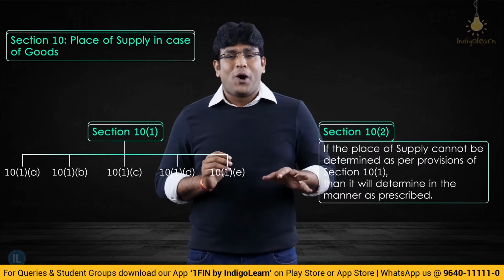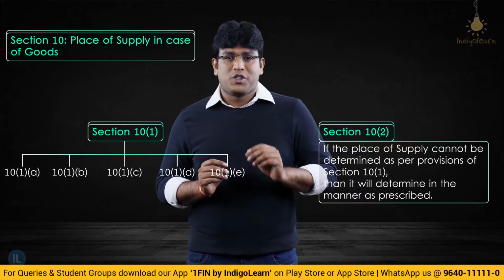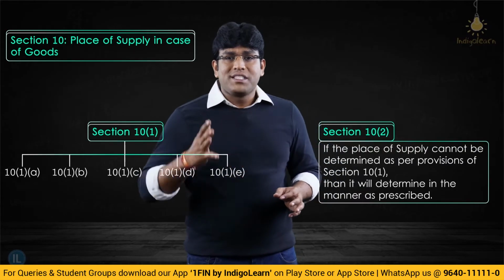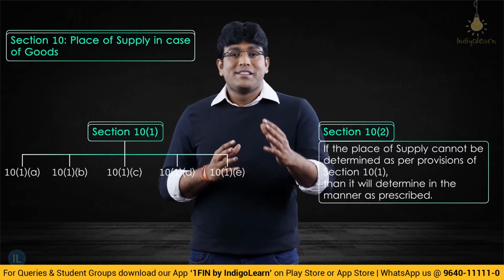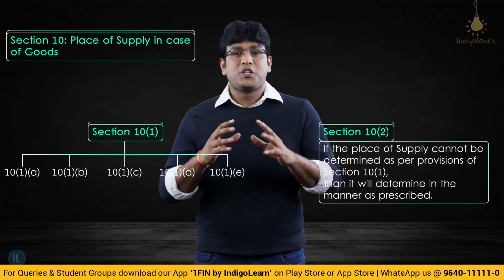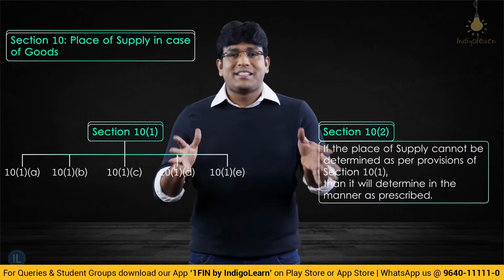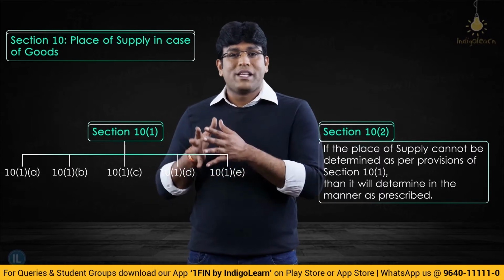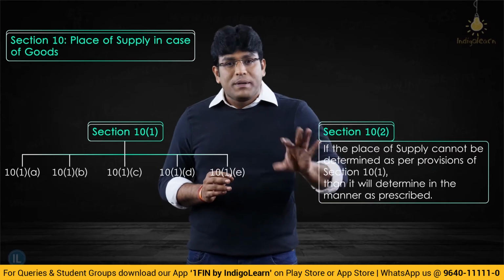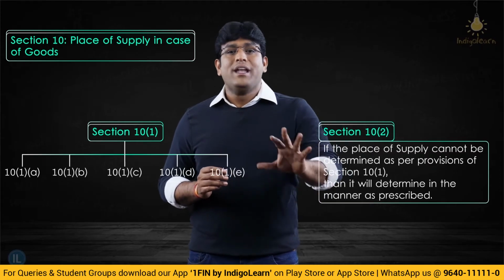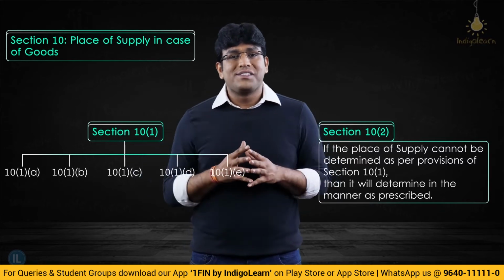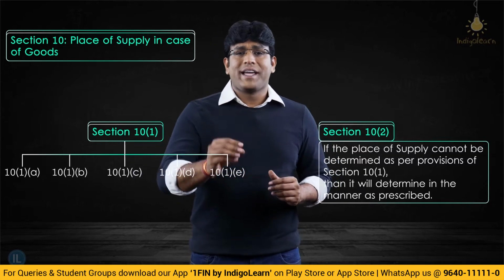If place of supply cannot be determined by applying section 10 subsection 1, then don't worry, they will prescribe the manner in which you have to determine it. A practical point: generally it is prescribed by way of rules, and so far nothing has been prescribed.